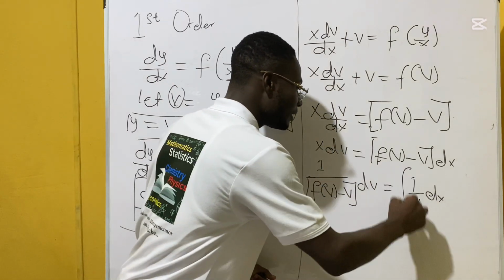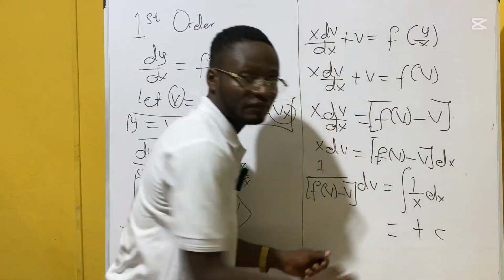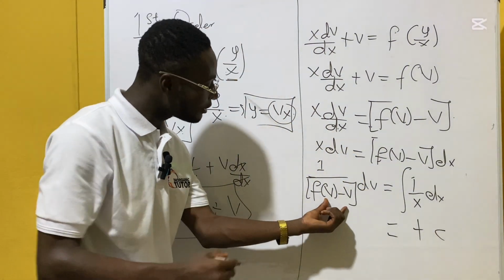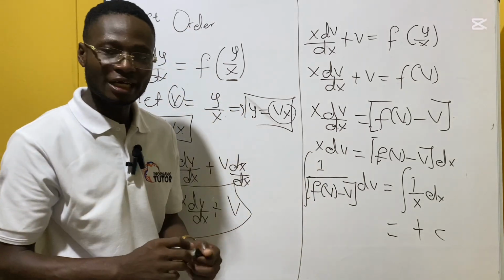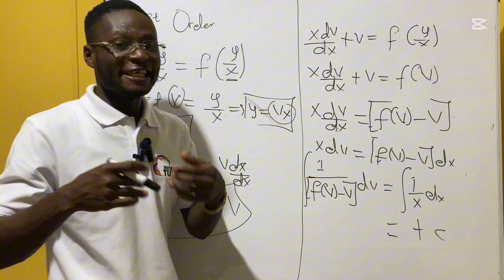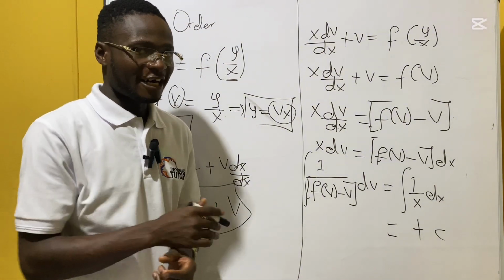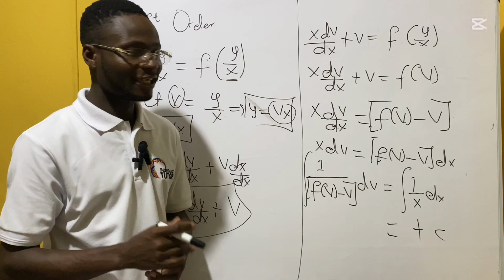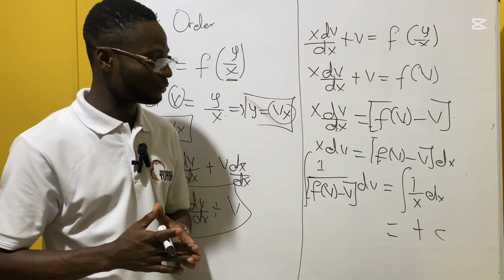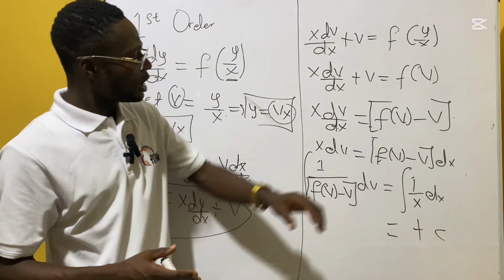So integrate this section, then when you are done, plus your constant of integration, then you integrate this section. Most times this section involves you having to apply integration techniques. Of course, I have them down there, so don't forget to check out the link and enjoy those lessons as well: by parts, by partial fractions, and by substitution, of course.